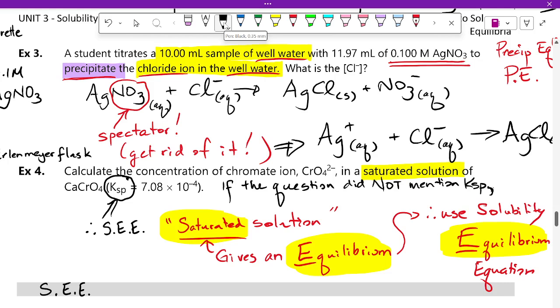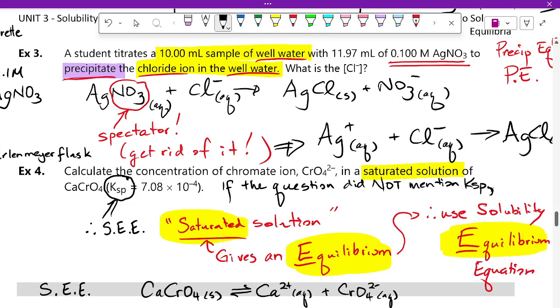Where would your solid go? Left or right? Left. Who is the solid? CaCrO4. Make sure you put your states. What kind of arrow will we use? One way or two way? Two way. And then we simply write our ions, Ca2+ aqueous plus CrO4 2- aqueous.